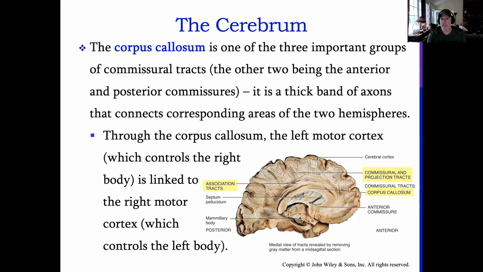So we need all of these myelinated tracts. If we don't have them, that's going to have a negative effect on the brain's ability to communicate. That's what it comes down to for a lot of those patients. It's the brain not working because it can't communicate between the different parts, and we can't coordinate functions like we need to.